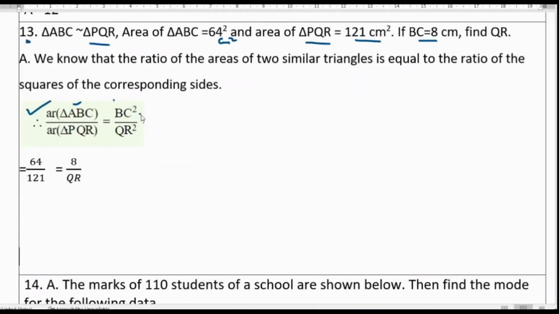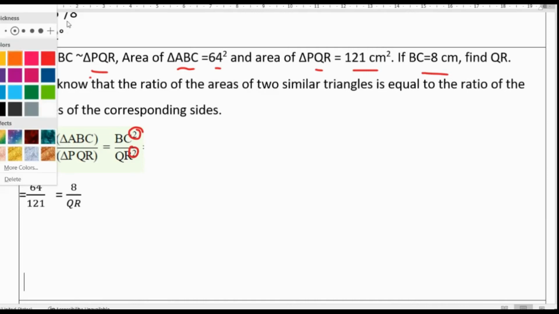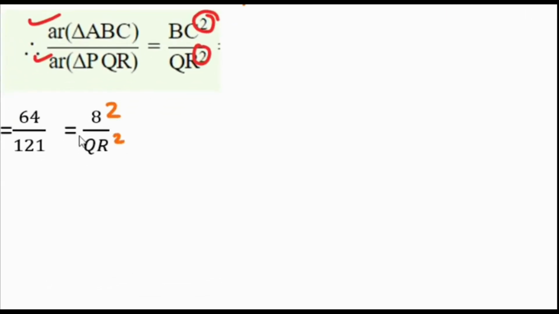13th question. If triangle ABC is similar to triangle PQR, area of triangle ABC is 64 centimeter square and area of triangle PQR is 121 centimeter square. If BC is 8 centimeters, find QR. We know that the ratio of areas of two similar triangles is equal to the ratio of the squares of their corresponding sides. So 64 by 121 is equal to 8 square by QR square.